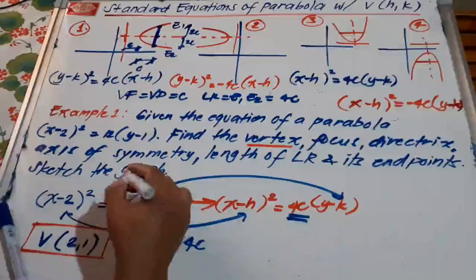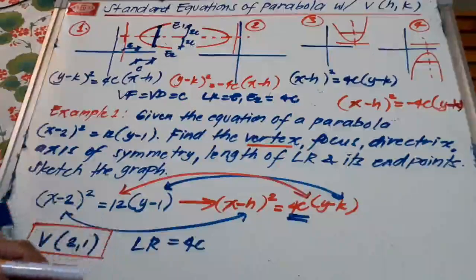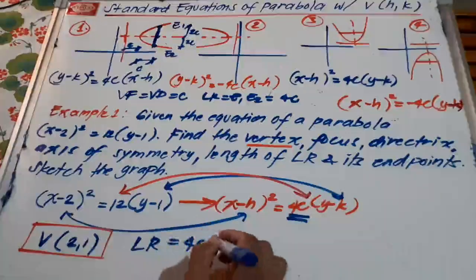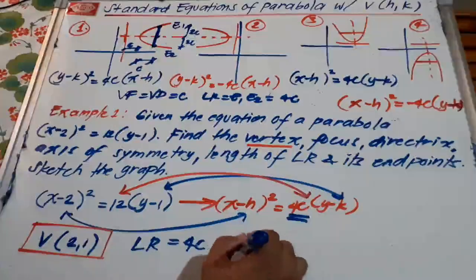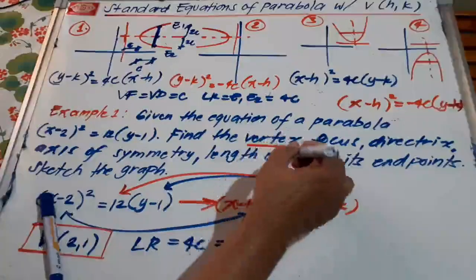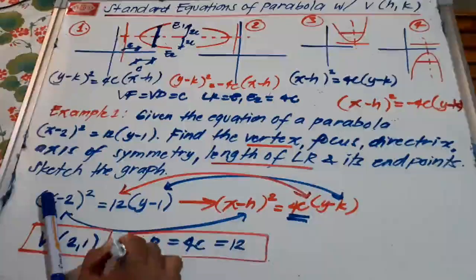Ayan, no? Diba? So, ang ating latus rectum is equal to 12. Okay na. So, dalawa na ang ating na-determine, the vertex and length of the latus rectum.